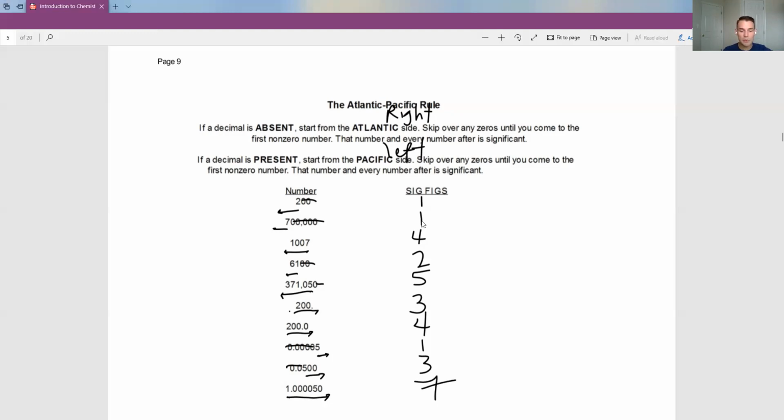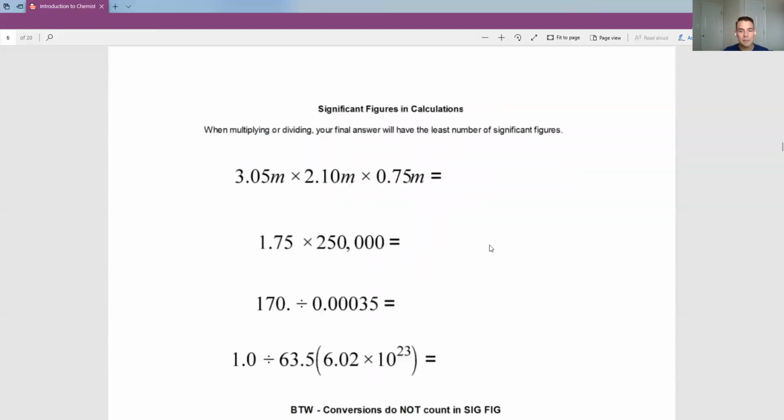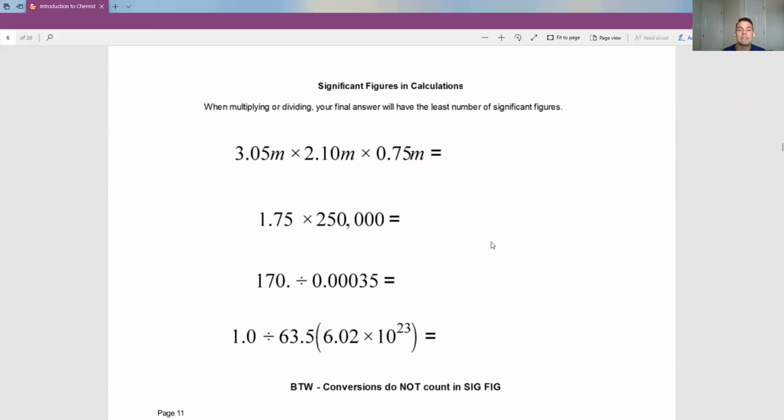Now that's pretty simple. Sig figs themselves are not difficult. What is more difficult is talking about sig figs in calculations. When we're talking about sig figs with calculations, we need to look at multiplication and division versus addition and subtraction. When multiplying or dividing, the final answer will have the least number of significant figures.